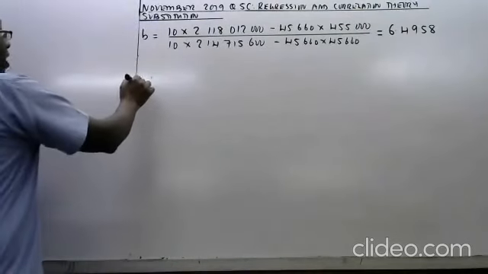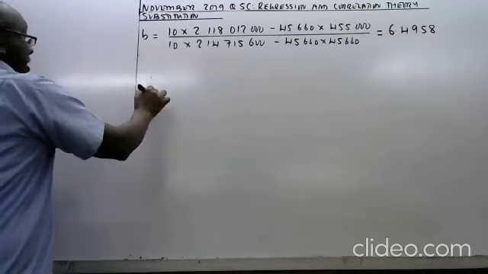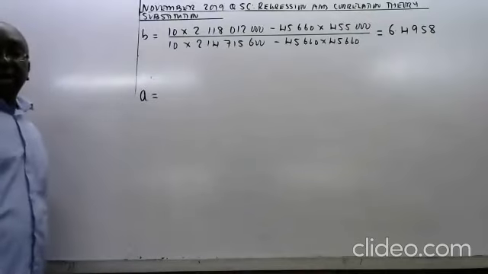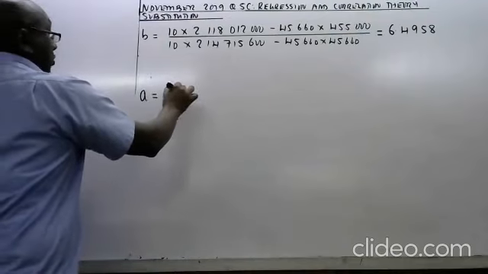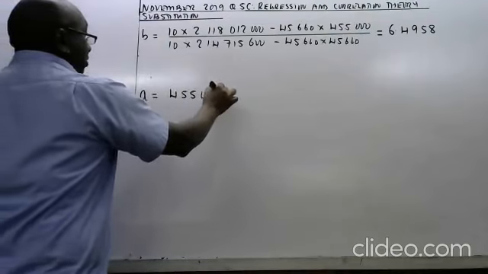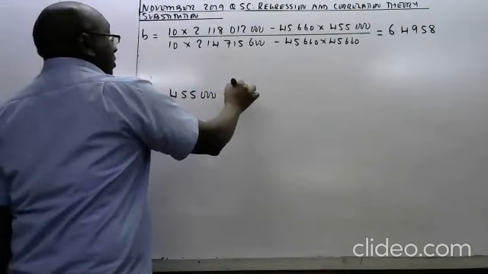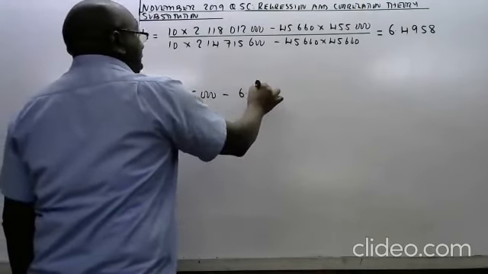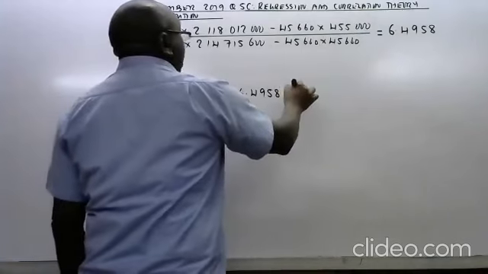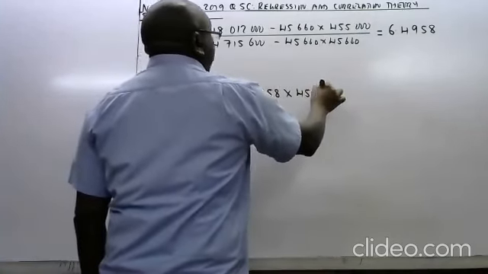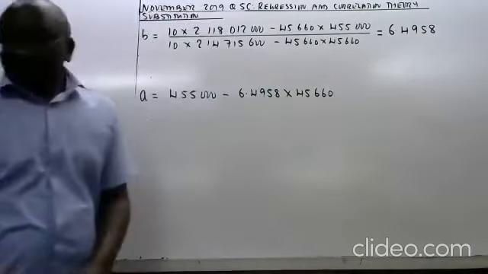Let us now get the value of A. The value of A is the sum of y, which is 455,000 minus 6.4958 times the sum of x, 45,660.